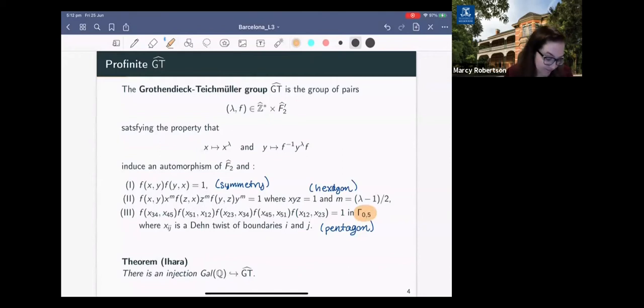Okay, so this group was introduced by Drinfeld, where he described the injection that it should contain the absolute Galois group of Q. And then it was proved by Ihara that there is actually an injection of the absolute Galois group of Q into GT.